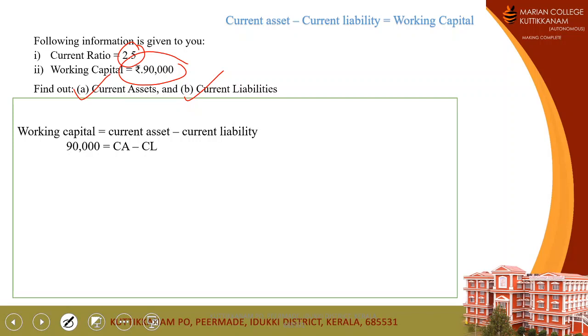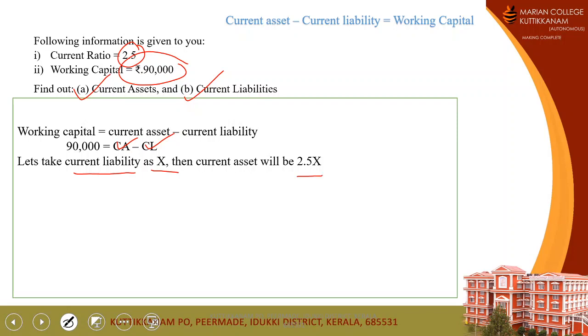Since we don't know the amount of current asset and current liability, what will we do? We will take current liability as x and current asset will be 2.5x. Then we can write 90,000 equals 2.5x minus 1x.